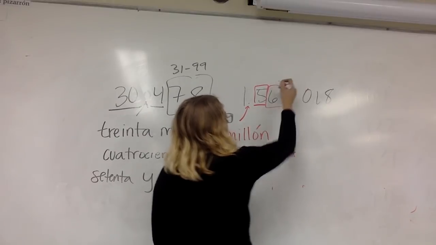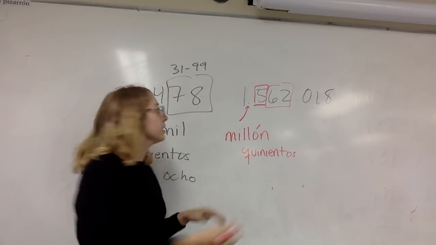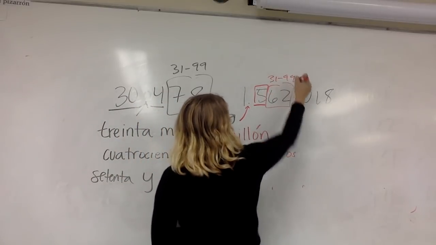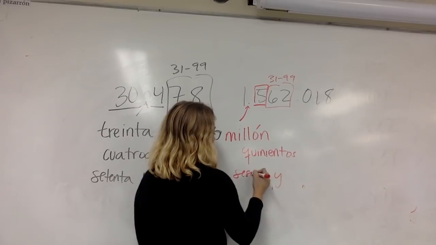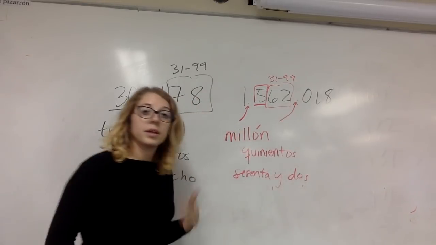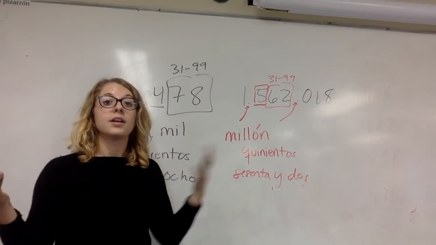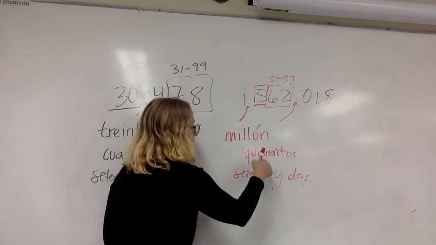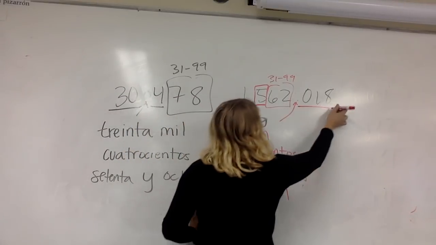Now I'm going to address my tens and ones place, right? Do I have a number between 31 and 99? You betcha. So there's got to be an E. So sesenta y dos. Looking at my decimal point, what place is that? Are we in the thousands? The hundreds? Where are we at? You're right, we're in the thousands. So mil, and then finally I go here.